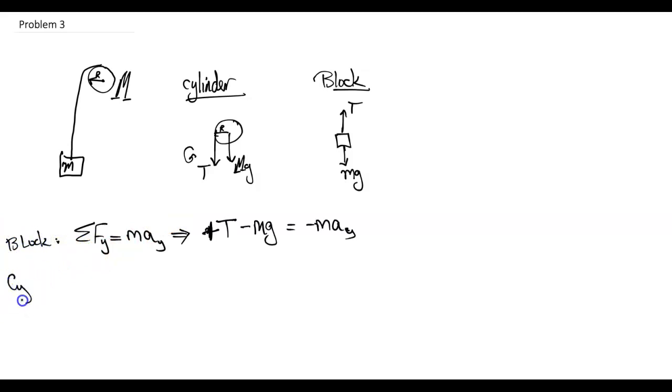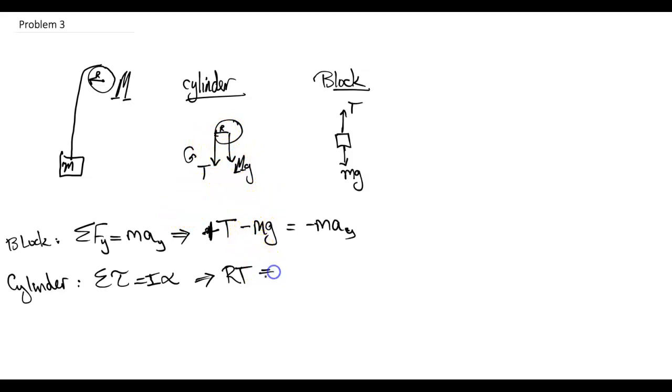If we consider the cylinder, we can do the sum of the torques around some point of rotation is going to be I alpha, and we only have one rotation due to the tension, so that's going to give us RT because they're perpendicular to each other.